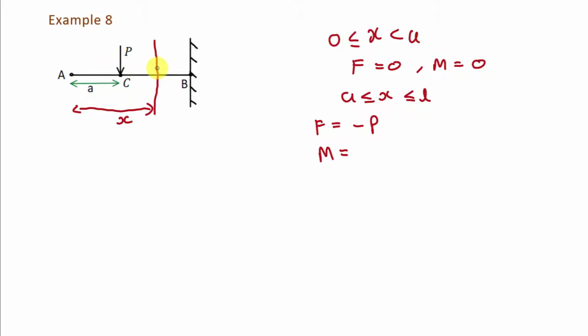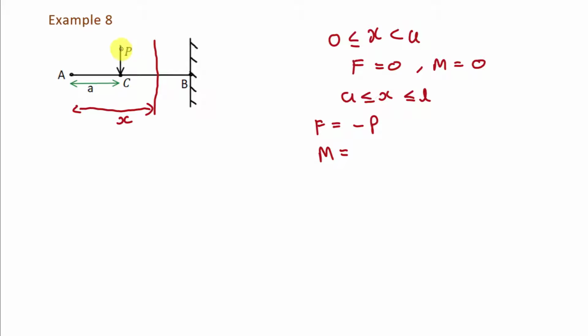Now here, the first method to find out bending moment is we can directly take the sum of all the moments produced by the transverse forces acting on the left side of this section. So here there is only one transverse force, that is P. So what will be the moment produced by this force?